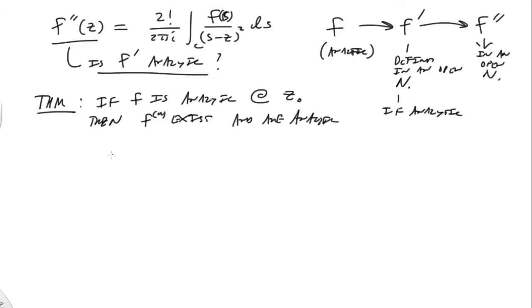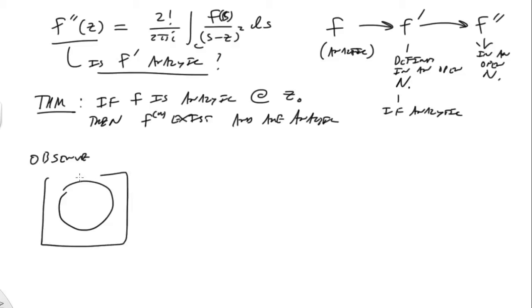But in order to see this, all we have to do is make an observation, really. Observe that, again, we're talking about some contour. So here's the domain of analyticity for f, and we have some contour inside of it, and I've done this contour integral.